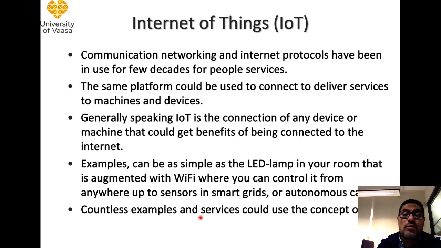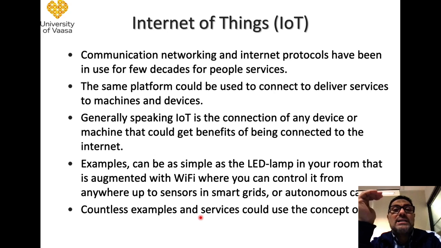Internet of Things, we have already mentioned them, so we can have a lot of devices. Actually, a general rule is that every device or every equipment might have some benefit by being connected to the internet. It should be connected. This is the general idea.